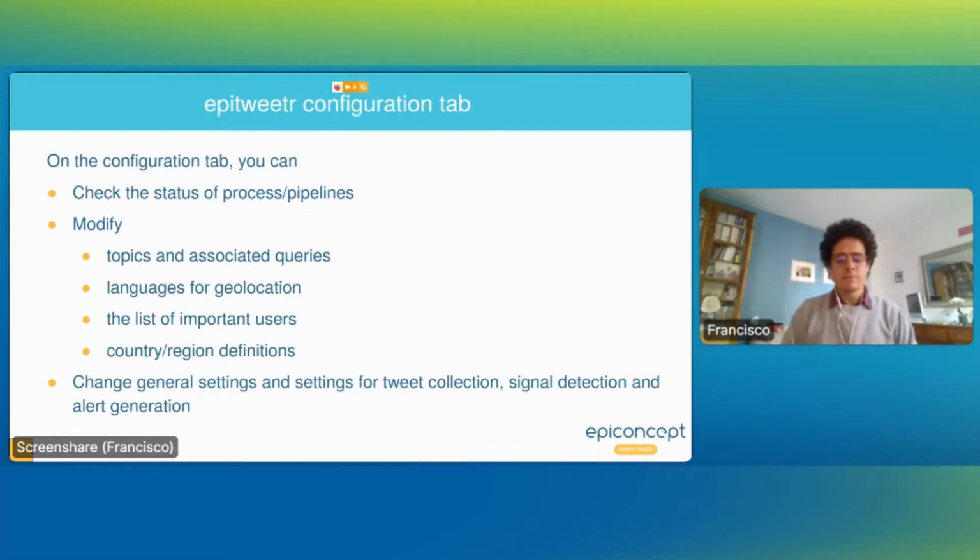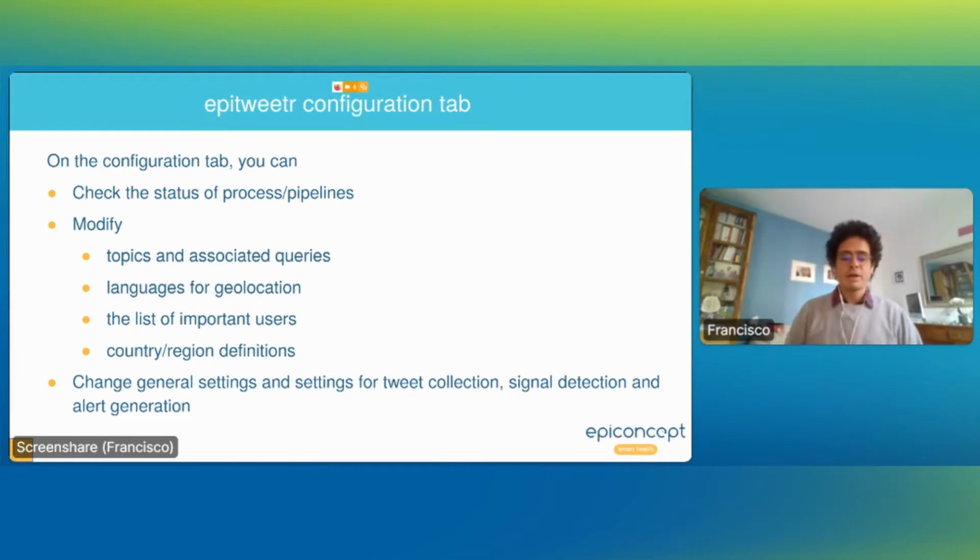So in the Shiny app, you have the reports, as I said, and you also have the configuration tab. In that configuration tab, which we are going to see after this presentation, you can check the status of the background processes to see if everything is going on properly.